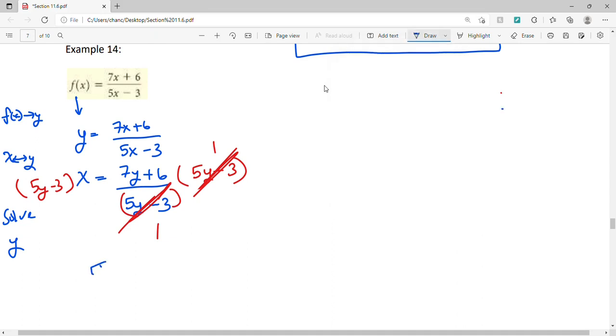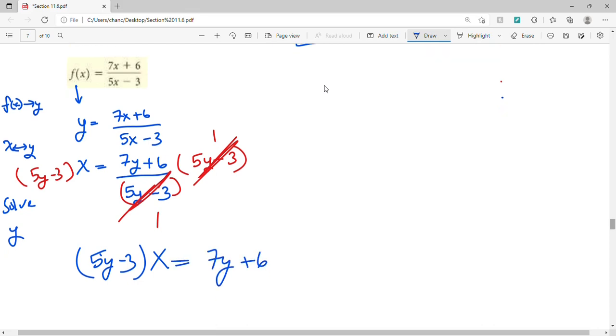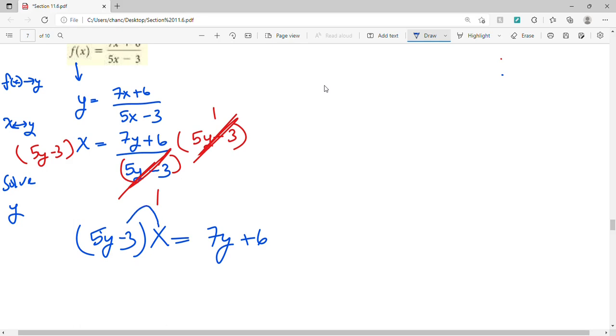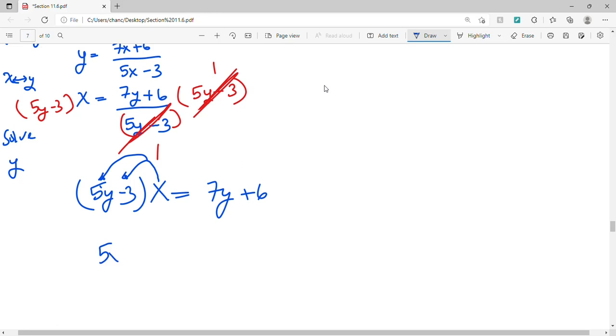So that simplifies to 5y minus 3 times x equals 7y plus 6. We'll have to distribute the x now throughout here. And that gives us 5xy minus 3x is equal to 7y plus 6.